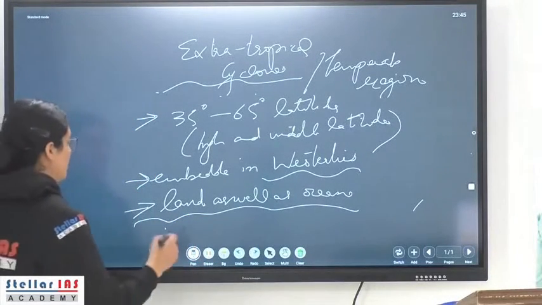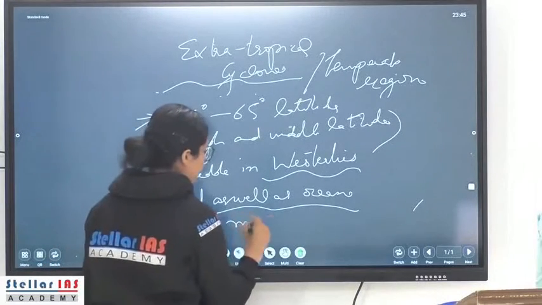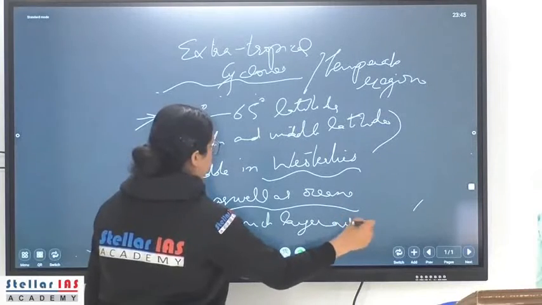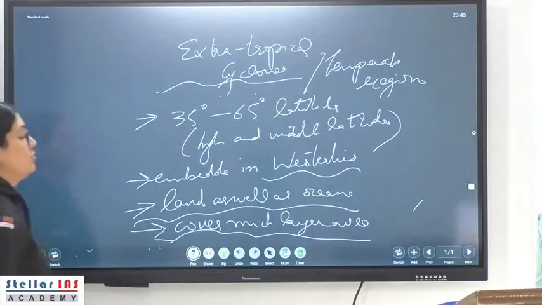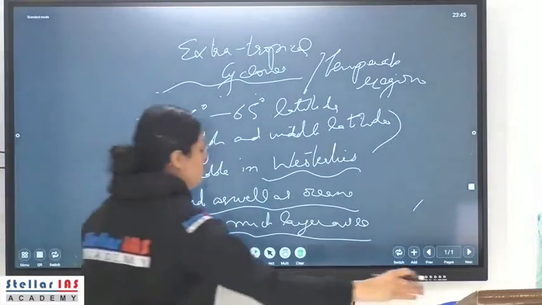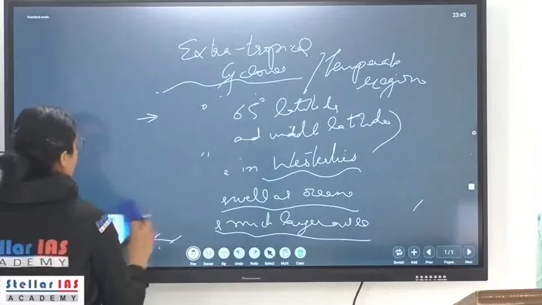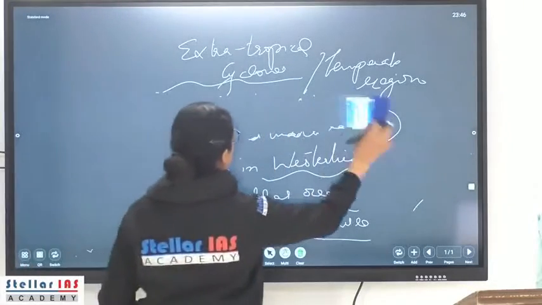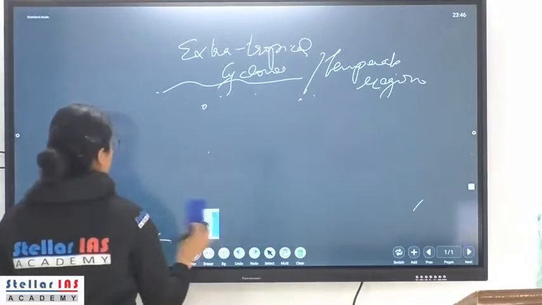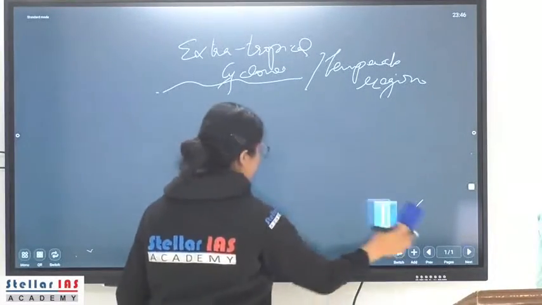Now extratropical cyclones, they cover a much larger area, right, as compared to the tropical cyclones, right. So next, these are the characteristics of extratropical cyclones. I have summed these up for you in the slide on the screen.